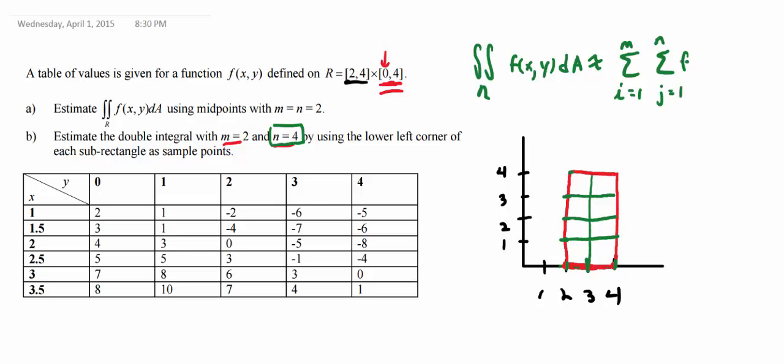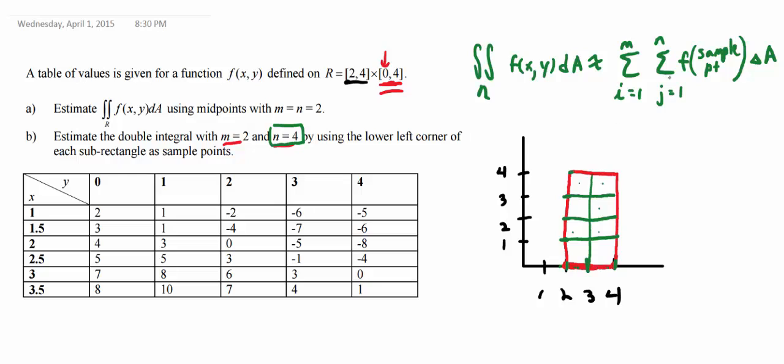We estimate the function value at some sample points from each of these subrectangles. Doesn't have to be the midpoints. So I'm just going to write sample point, f of the sample point here, and we multiply by delta A. So that's one way to write the Riemann sum. Now we're never going to write it this way, at least in these problems. We're actually just going to write out the sum longhand.